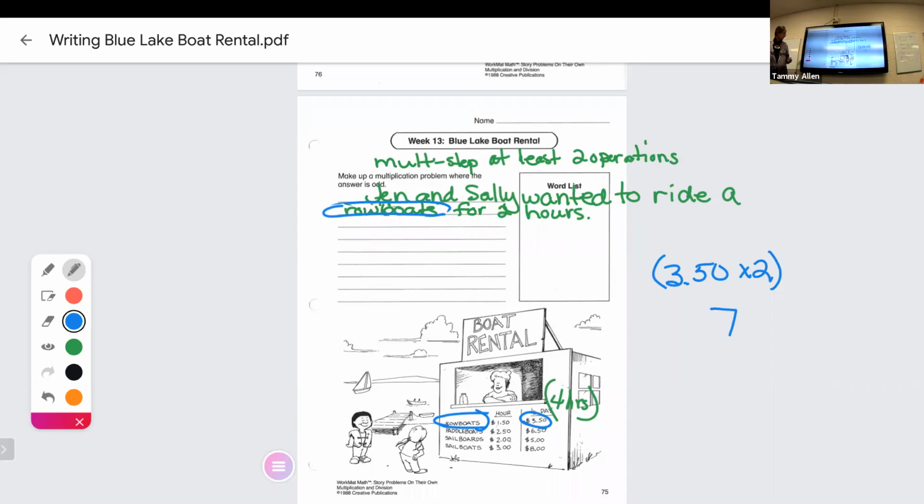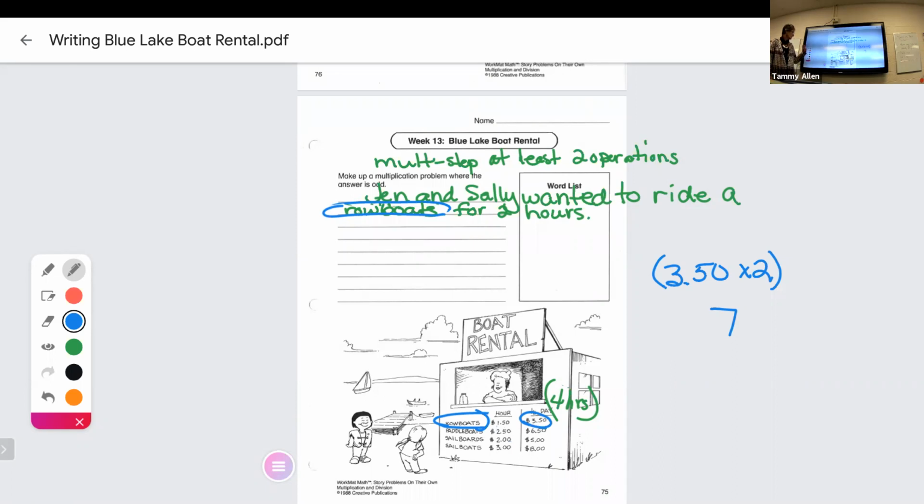Then she wants to go on the rowboat for another 2 hours. Okay. So she wants to do it for another 2 hours? One person does, 2 people do. What's up with that? That'd be 10. That would be an even number. 7's odd, so we need to add an even amount to that.